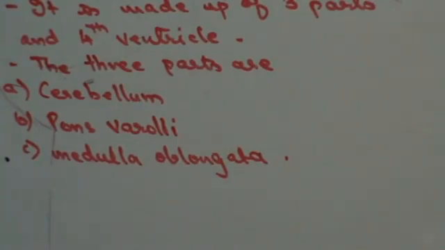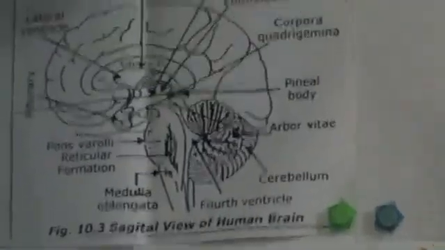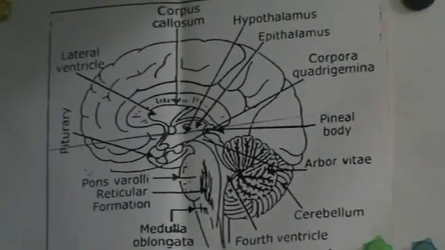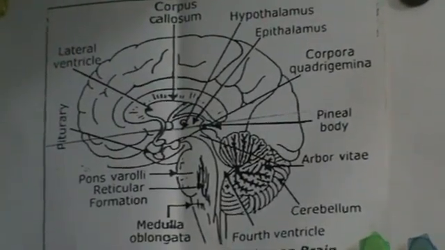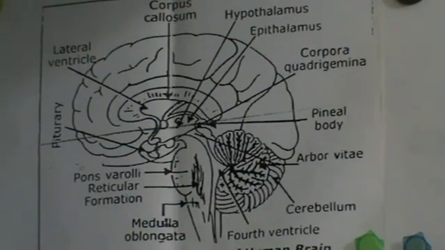Can we see this in the diagram, please? Here is the fourth ventricle. There are 4 cavities, out of which the first 2 are in the cerebrum, the third is in the diencephalon, and this is the fourth, which is in the hindbrain.